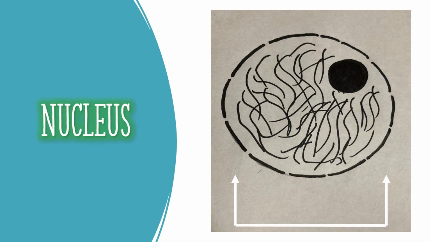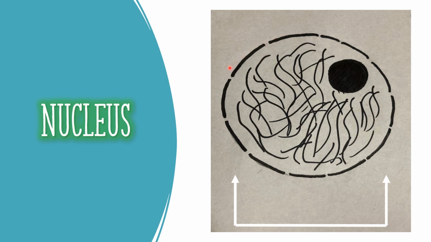Alright, so the first organelle that we have here is going to be the nucleus. This whole circle right here is the nucleus. It's also called the control center because it contains our DNA, and it is surrounded by a bilayer membrane called the nuclear envelope.